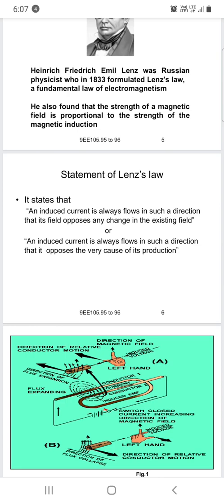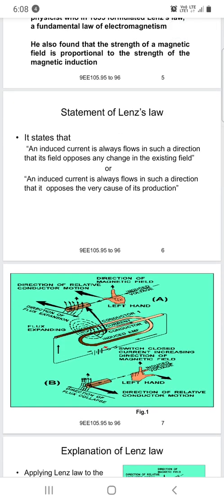It is stated that an induced current always flows in such a direction that it opposes any change in the existing field. An induced current always flows in such a direction that it opposes the very cause of its production.